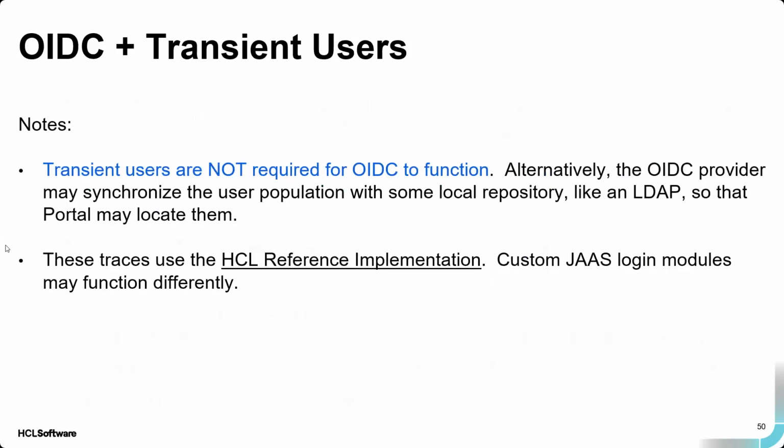So if you have that option and you want to take incremental steps towards transitioning to OIDC, you could handle all of the authentication side first, leave LDAP the way it is, and simply synchronize the identity provider with your local LDAP. Then you get through that, and you could take the second step further down the road of implementing transient users.